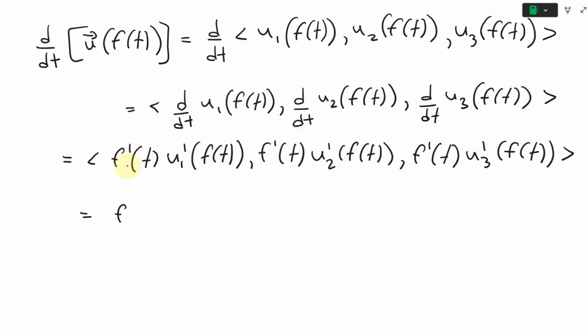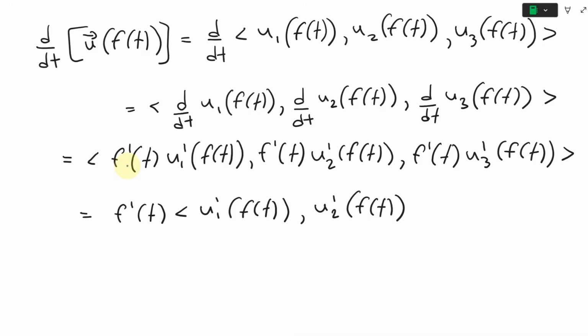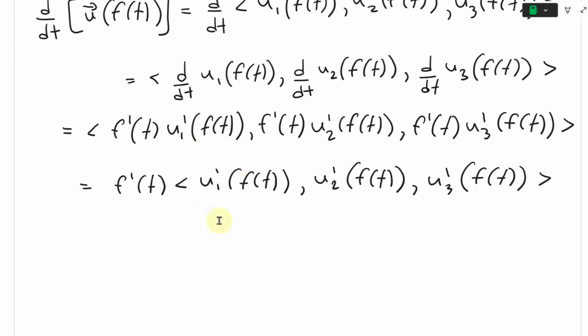We get f prime of t times the vector with components u1 prime of f of t, u2 prime of f of t, and u3 prime of f of t, written out for completeness. And lastly, this is just the vector u prime of f of t. So this equals f prime of t times u prime of f of t.